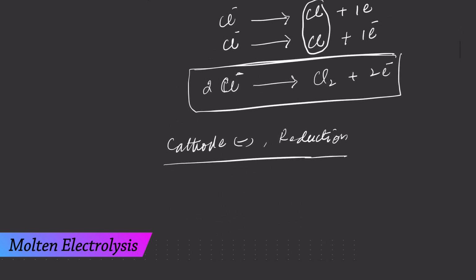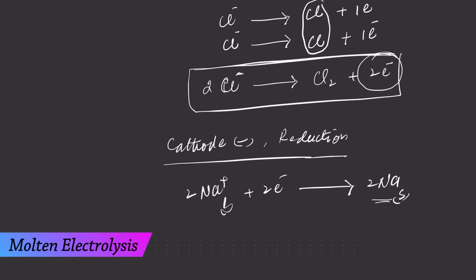Sodium positive liquid ions will approach the cathode and receive 2 moles of electron. The quantity that has been lost will be received by the sodium ions, and they will make 2 moles of sodium solid. This sodium solid will be deposited and can be seen on the cathode material.